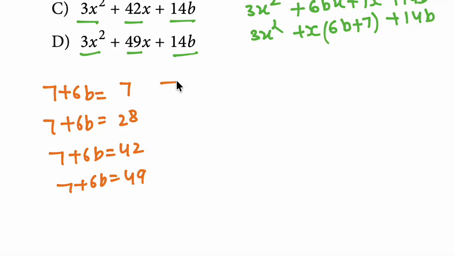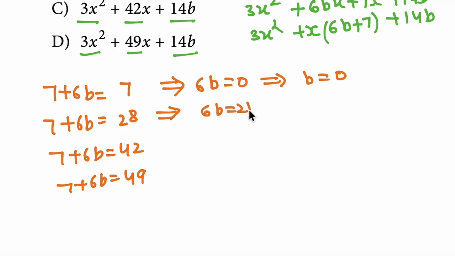Now if I take the first one, that means subtracting 7 on both sides, 6b is equal to 0. So b is equal to 0. Now if I solve the second one, 6b is equal to 21, and this implies that b is equal to 21 by 6.